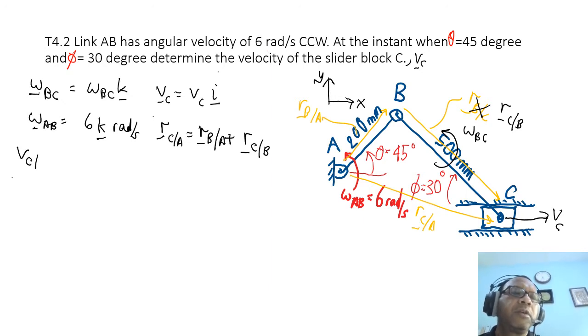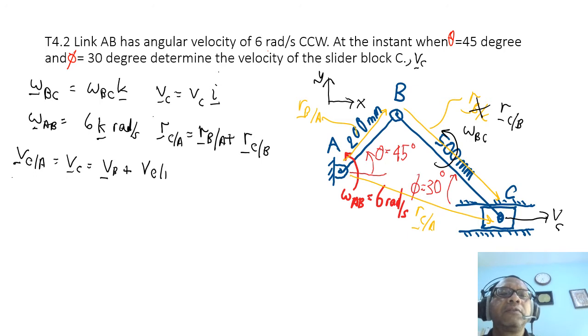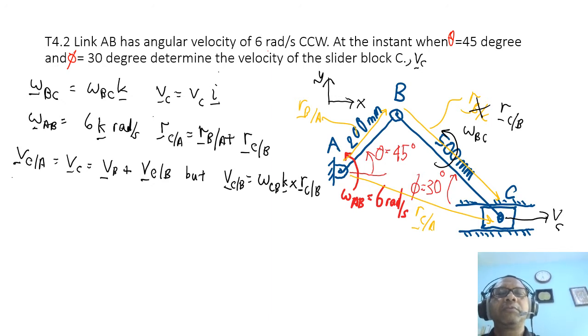So VC relative to A, because A is not moving, so we can write this as VC equals VB relative to A. A is not moving, so we can remove A. Okay, VB plus VC relative to B. But there's a but: VC relative to B equals omega CB K cross position vector C relative to B. That one we know, so let's plot this.